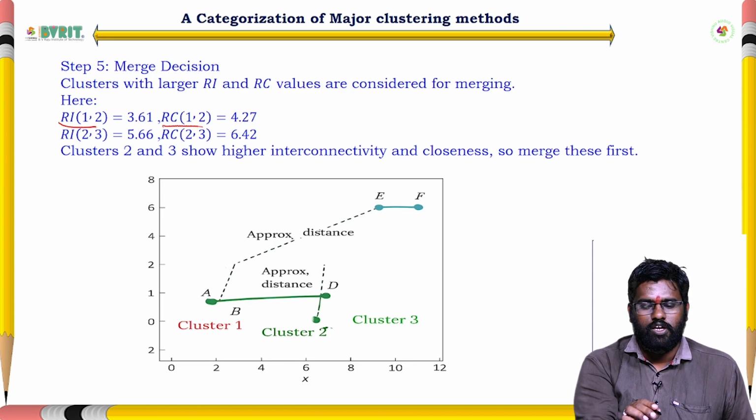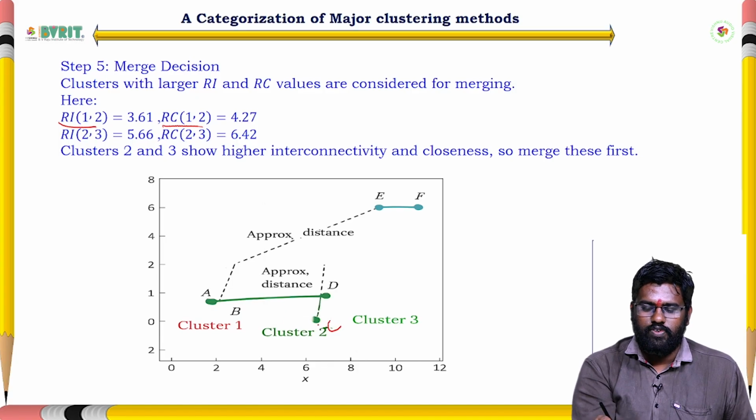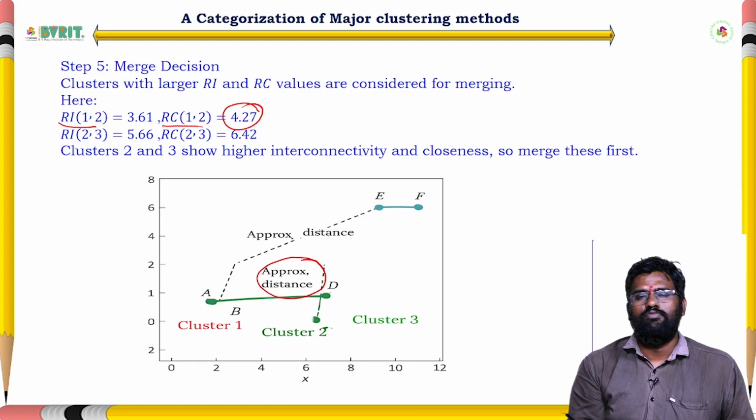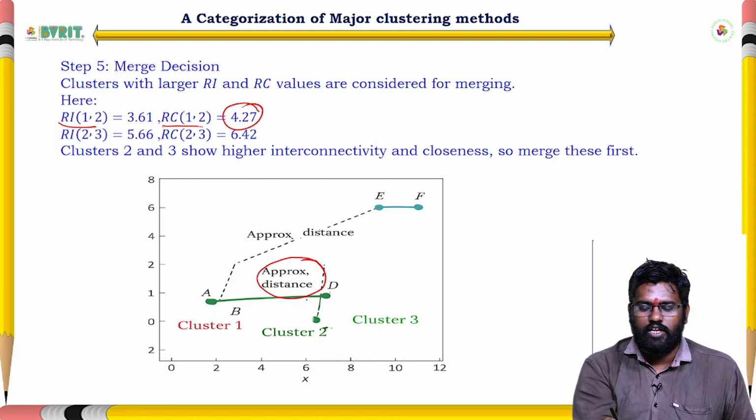So see here, A, B, C, D are calculated here, A, B with C, D, then E, F. All the 4 points are to be connected. The distances based on our calculations are written here. With 3.2 and 4.27, that is why I wrote the line here.